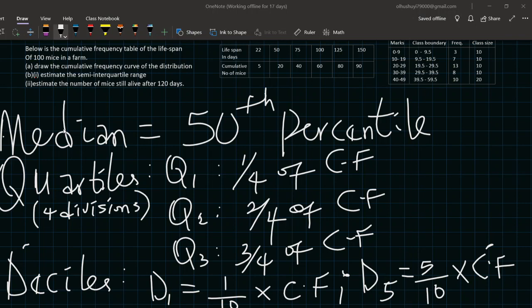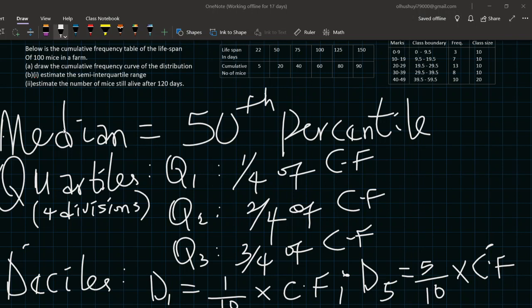Now let's talk about the percentile. Percentile means 100 divisions. So I can tell you, find the first percentile. First percentile just means 1 over 100 times the cumulative frequency. The 10th percentile is 10 over 100 times the cumulative frequency.